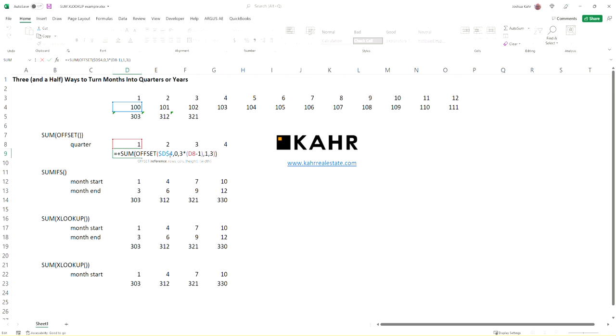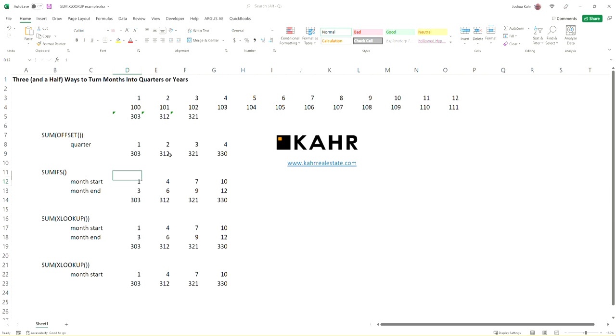I could do it, but there are a bunch of issues with this. For one, the offset function is what's known as a volatile function, which is a fancy way of saying it recalculates all the time and it can slow down your model. There are all kinds of other issues with it, but the biggest issue I find is just even explaining to people what it's doing. My preferred way of doing it now, anyway, uses an XLOOKUP function.